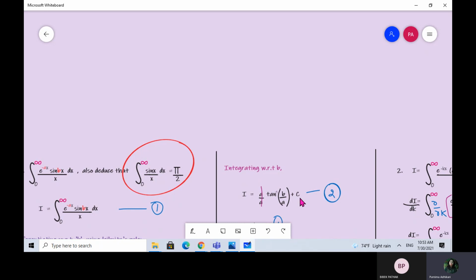The C को value कसरी find out गर्ने? Always take help of equation number 1. Okay.